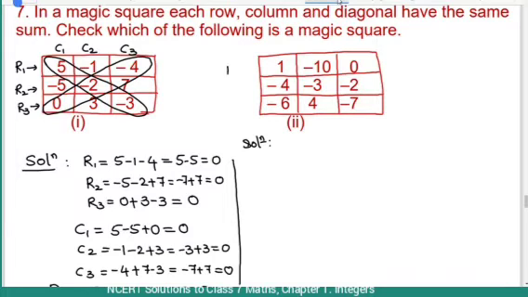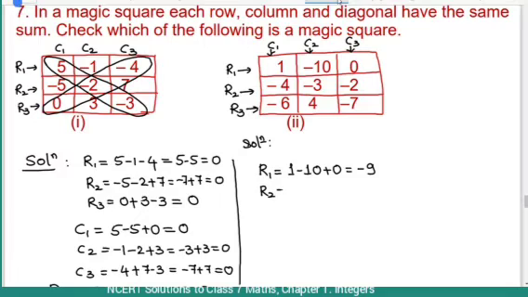Solution for this one. Here also I will take 3 rows, R1, R2, R3 and 3 columns as C1, C2, C3. First row, R1 is equal to 1 minus 10 plus 0, that is minus 9. And second row, minus 4 minus 3 minus 2, which is equal to minus 9.